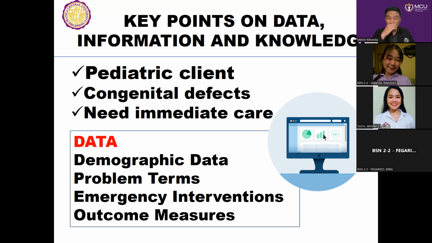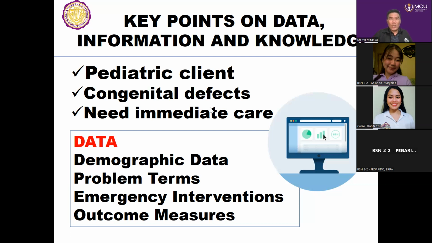So, nandun tayo sa ganung perspective. So, ang demographic data dyan is basically, nagiging information siya, okay, pediatric client. Pero if we want to dig more, pwede pa natin i-dig siya na specifically i-consider pa kung anong age group, kung anong client siya.